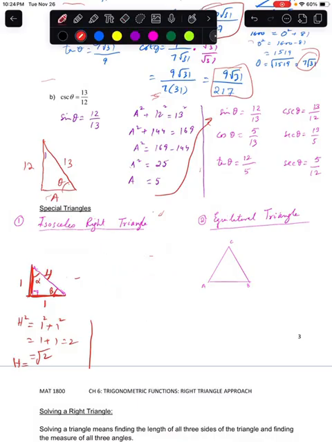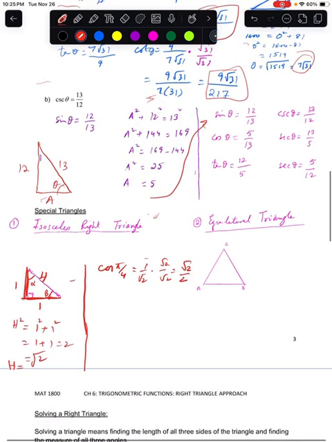Okay, so you can see that cosine of pi over 4 will be equal to 1 over square root of 2. We rationalize and we end up getting square root of 2 over 2.